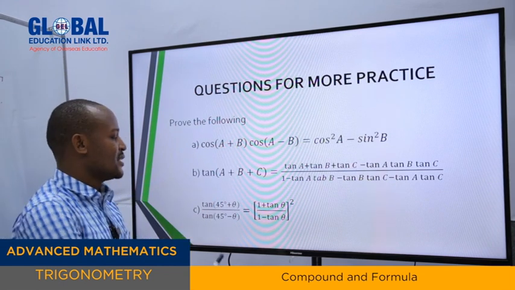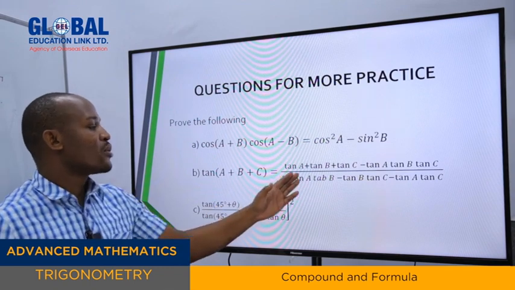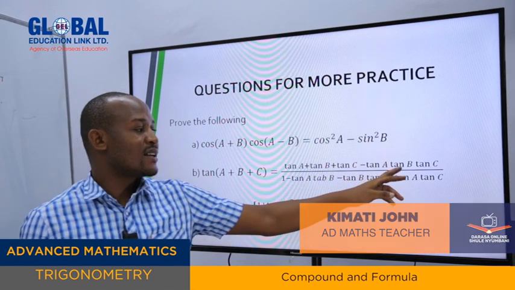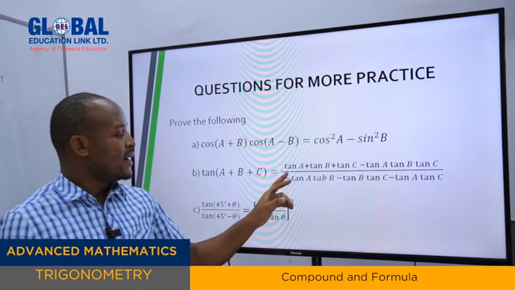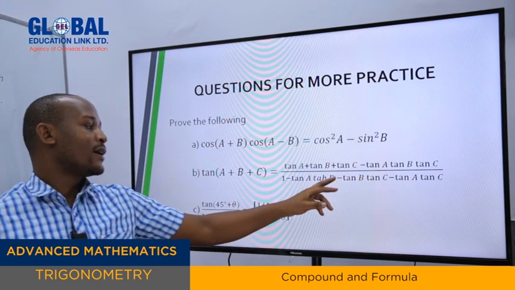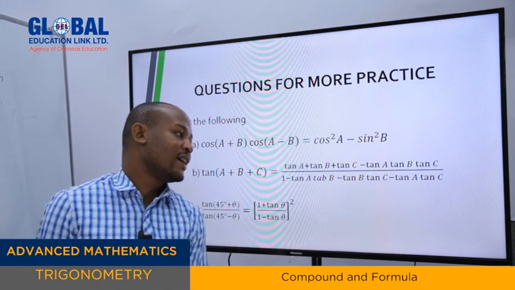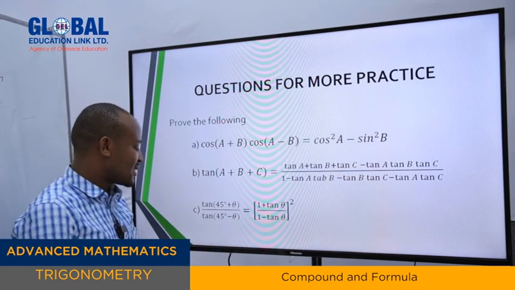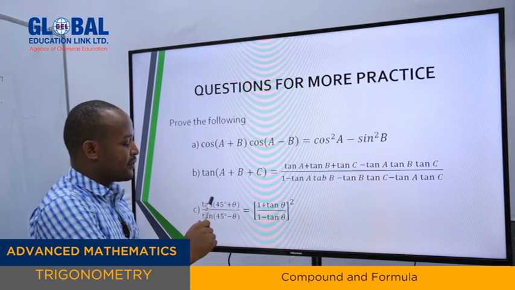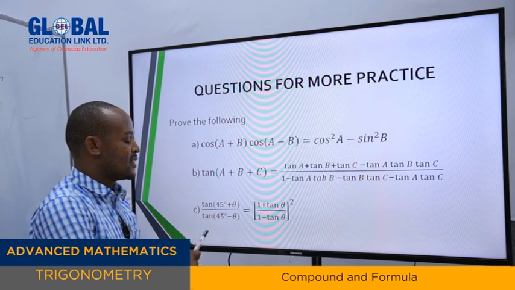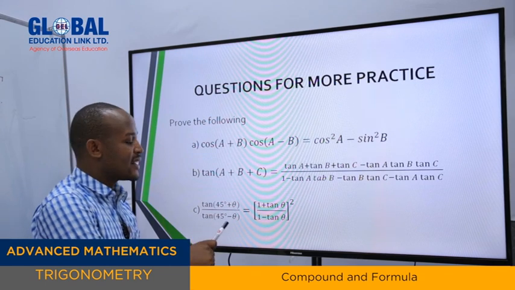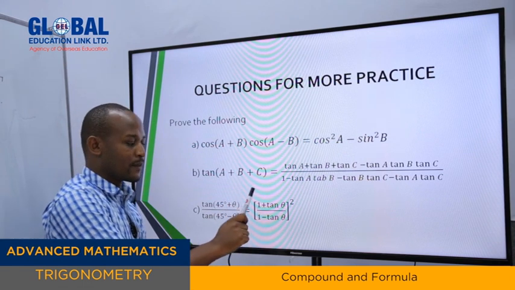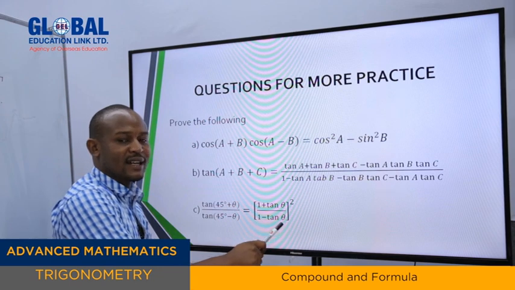And this question says tan of A plus B plus C equals that expression there: tan A plus tan B plus tan C minus tan A tan B tan C over 1 minus tan A tan B minus tan B tan C minus tan A tan C. You can also use this question for more practice: tan 45 plus theta over tan 45 minus theta equals, in brackets, 1 plus tan theta over 1 minus tan theta, all squared.